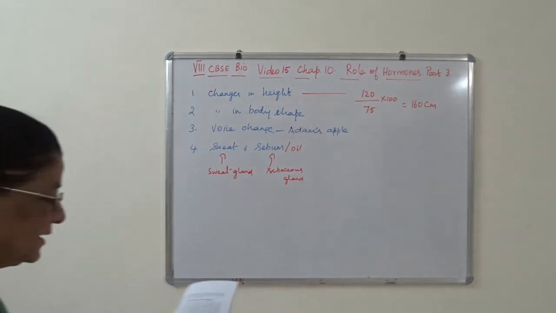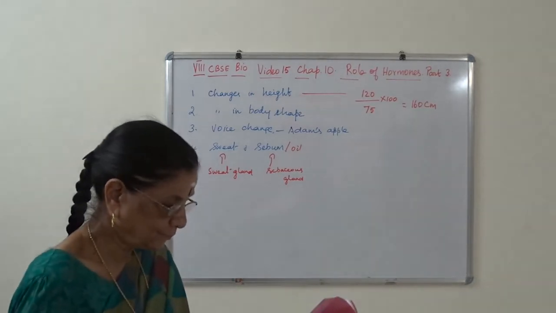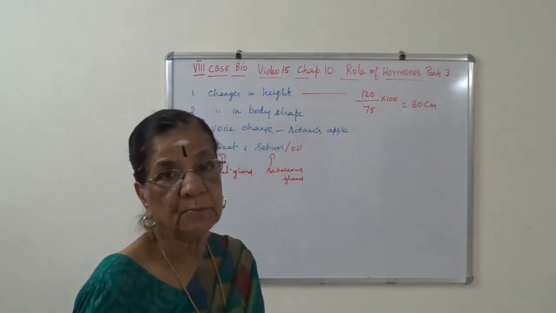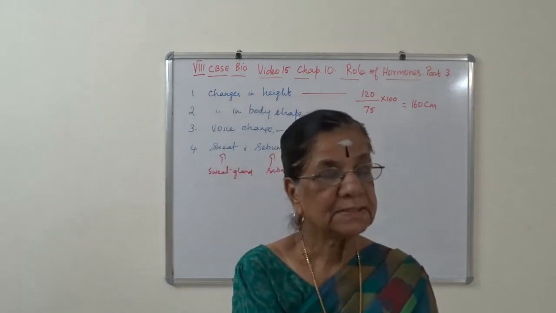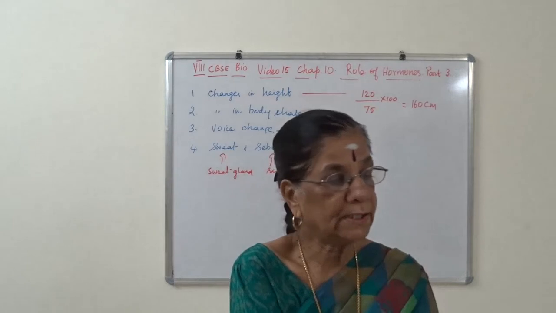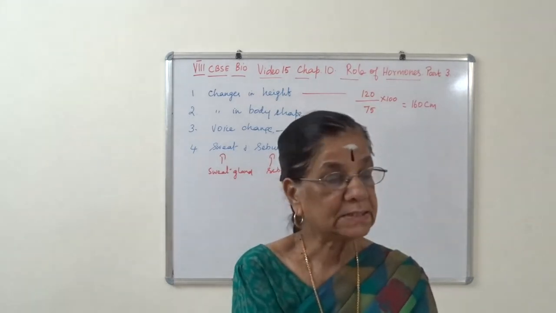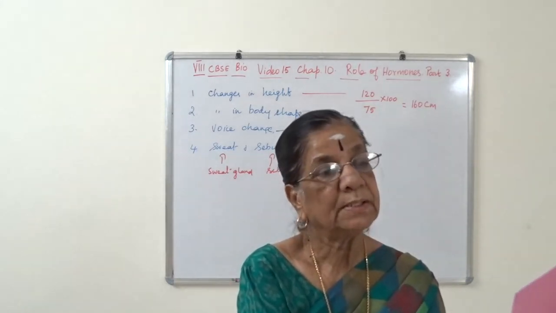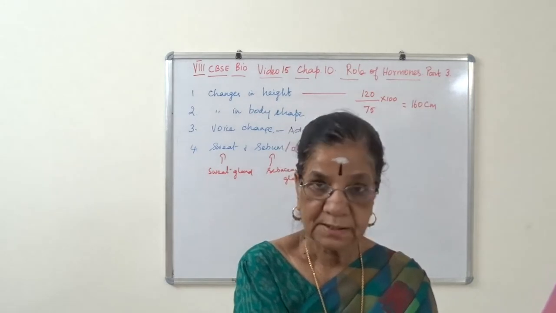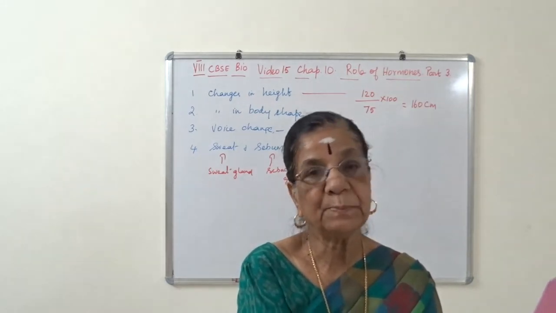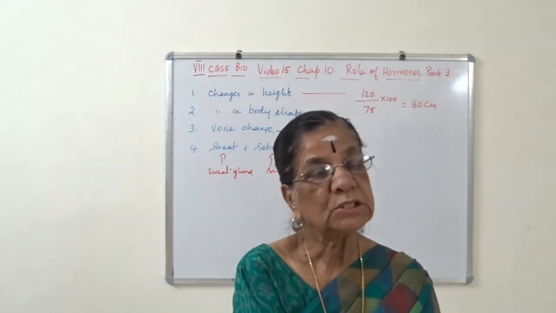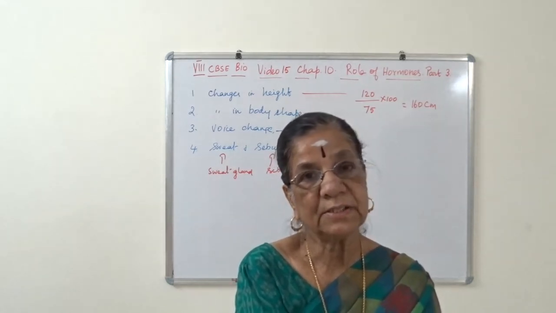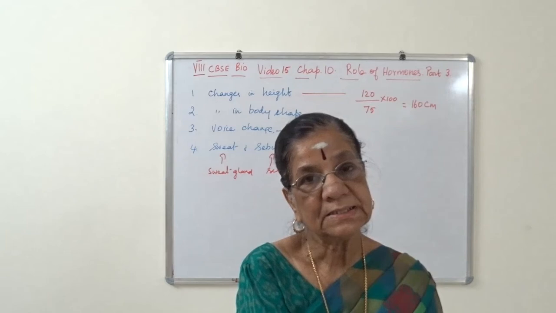That is given in our textbook as: during puberty, the secretion of sweat gland and sebaceous gland, that is oil gland, increases. Many young people get acne and pimples on the face at this time because of increased activity of the glands in the skin.